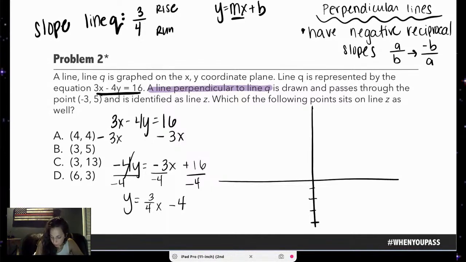I'm going to graph my y-intercept because in slope-intercept form, this is my y-intercept, which is where the graph crosses the y-axis, and m is my slope. So I'm going to plot a point at negative 4. And then I'm going to rise 3, and I'm going to run 4.